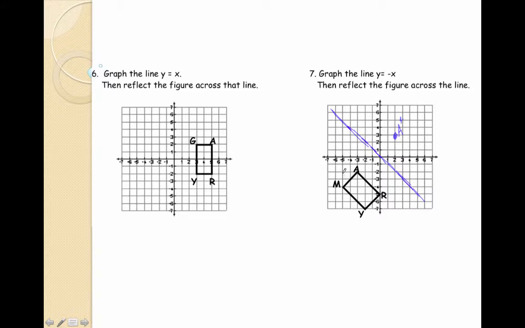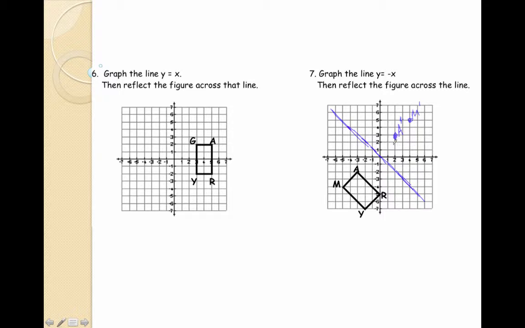M goes 1, 2, 3, 4, 5, 6, 7, 8, 9 up. Oops, lost count. 1, 2, 3, 4, 5, 6, 7, 8, 9. M prime. Y goes 1, 2, 3, 4, 5, 6, 7, 8, 9.